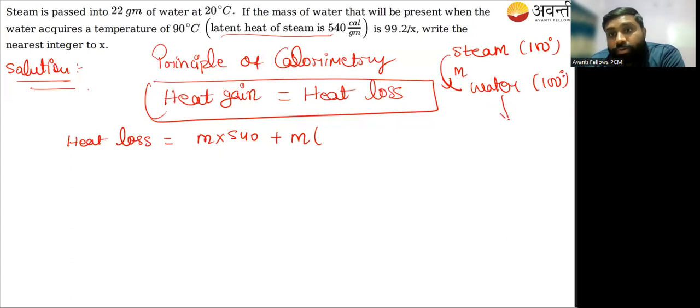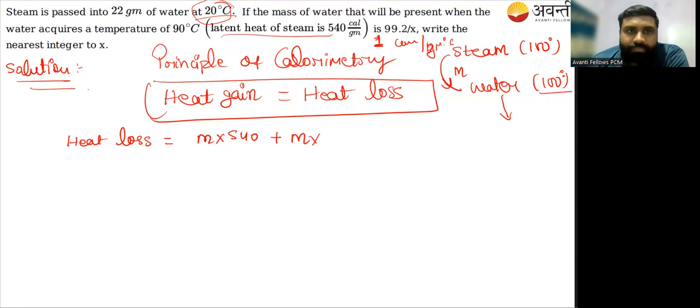So that water will also lose heat, because the water in which we are mixing the steam is at 20 degrees Celsius and this water is at 100 degrees Celsius. So now it will lose heat as mc delta T. C will be the specific heat of water, which is 1 here, because in calories it is 1 calorie per gram degree Celsius.